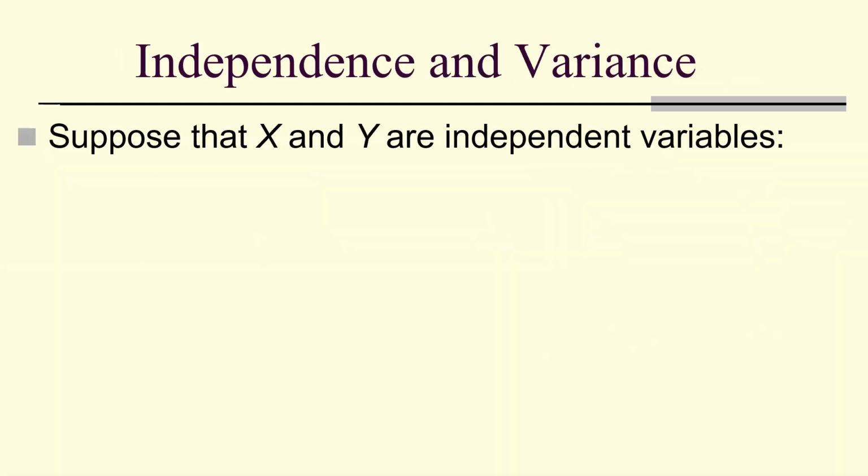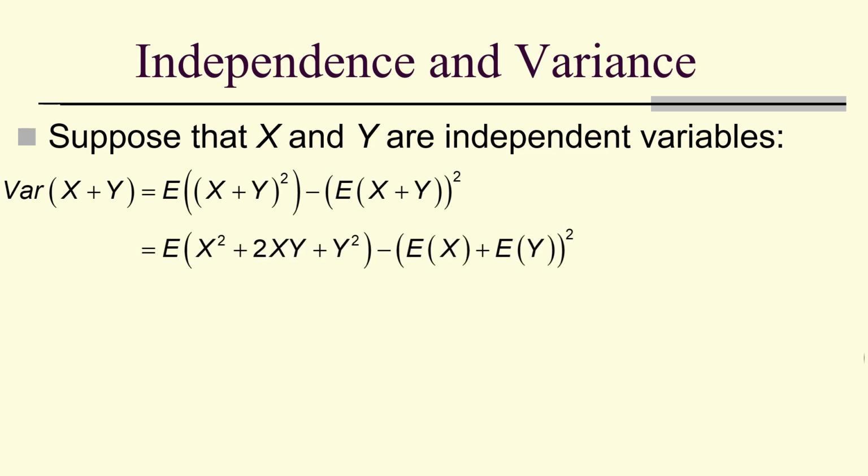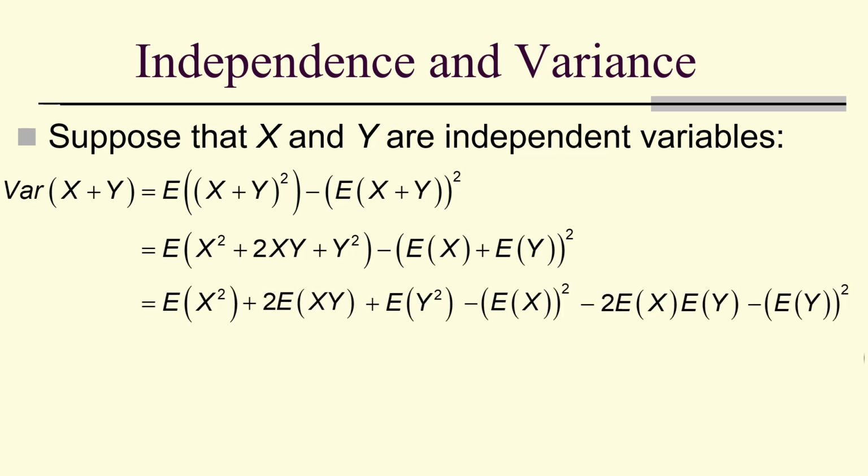So independence and variance: if X and Y are independent variables, then the variance of X plus Y, by our property 1 of variance, is this. We can square out the X plus Y quantity squared inside the first expected value, and we can then use linearity. We can also expand the square of the sum.